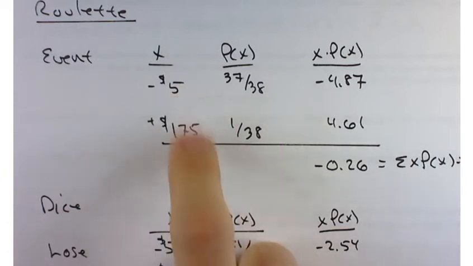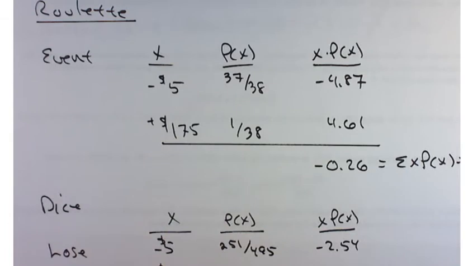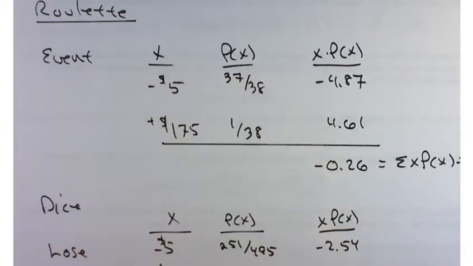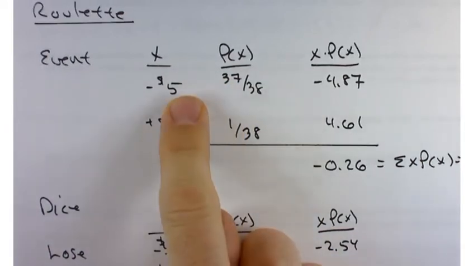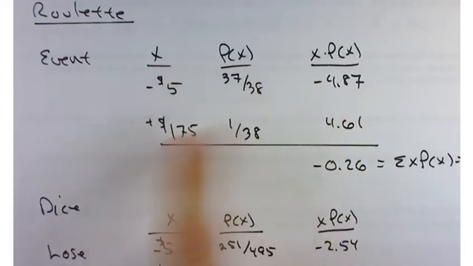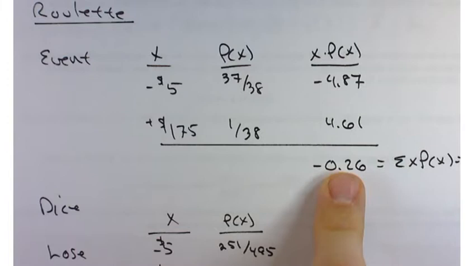If you win, $175. Hey, not bad. But let's calculate the expected value of playing this game. So if you multiply x times the probability and add these up, we get a negative 0.26.